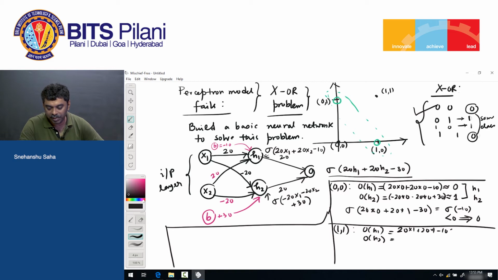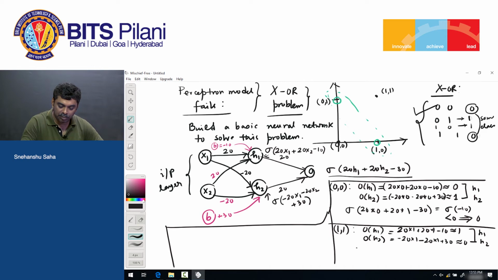So this is a positive number, right? So therefore this is 1. And then OH2 is minus 20 times 1 minus 20 times 1 plus 30. This will be a negative number, so that will correspond to 0, right? So this will be my H1 and H2, 1 comma 0.